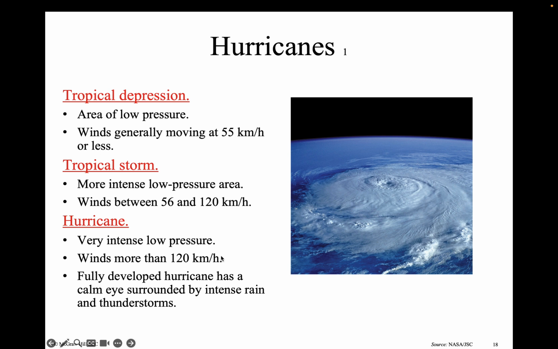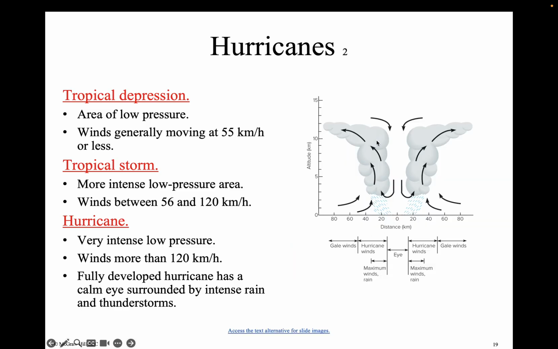A fully developed hurricane has an eye, and the eye is usually very calm, and around the eye you have this area of hurricane winds, which is where you actually have rain happening, and also very potent winds in this area.